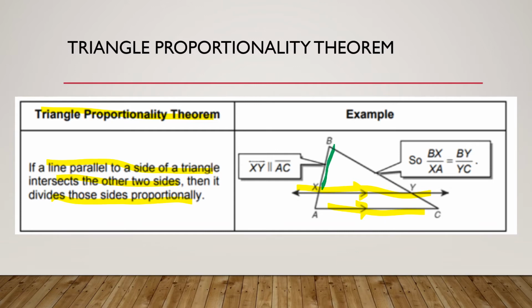So B to X and X to A, those are the two pieces of the side BA that got cut by that parallel line, is then in proportion to B to Y and then Y to C that was left over. And then we can use this theorem to solve for missing pieces.